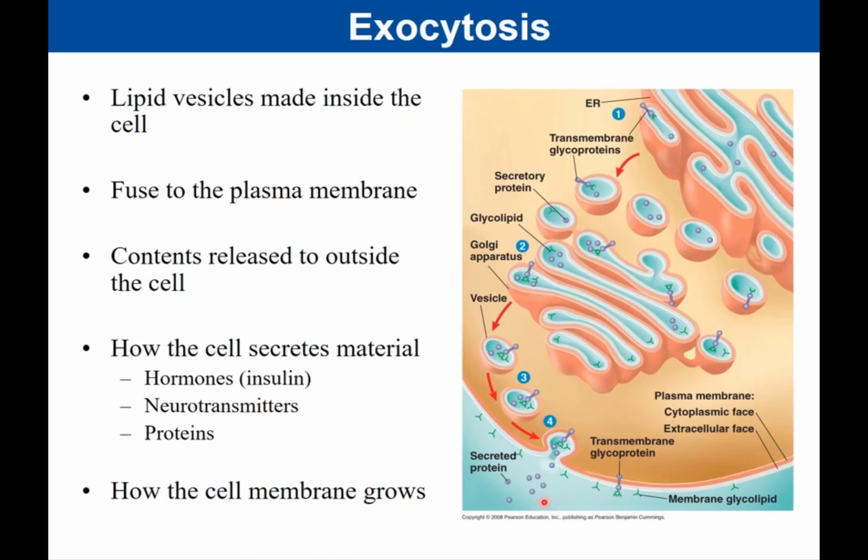And if you remember in our lecture about cell structures, we talked about the protein production pathway. In the protein production pathway, proteins go from the rough endoplasmic reticulum, they bud off in a vesicle. That vesicle takes the protein, it fuses with the Golgi apparatus.